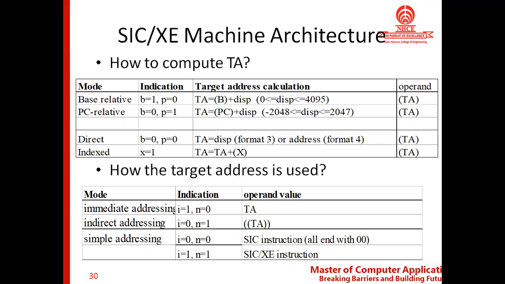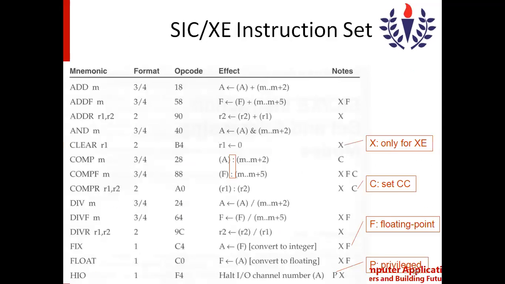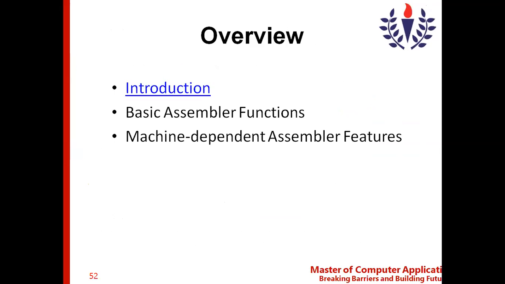If it is program counter relative, TA is equal to PC plus displacement. In that case, for the B and P bits, B is 0 and P will be 1. This is what we discussed previously when we were discussing SIC/XE. The same thing we use now to find out the displacement.